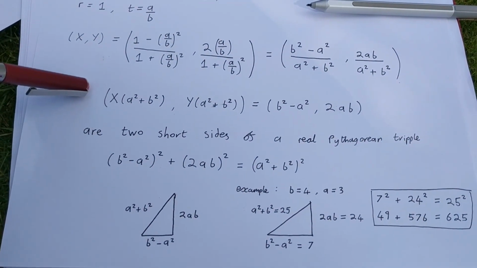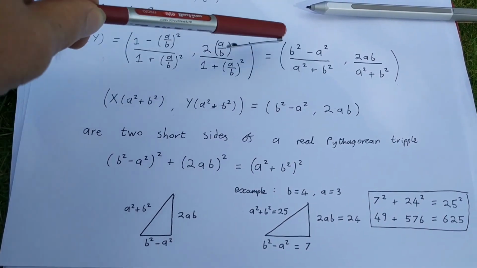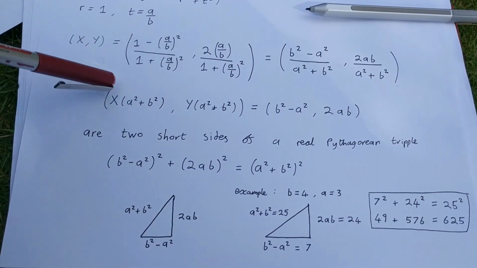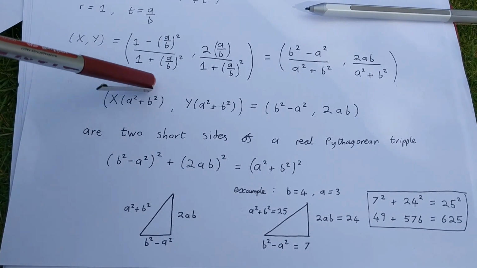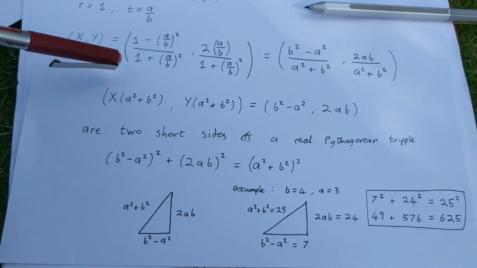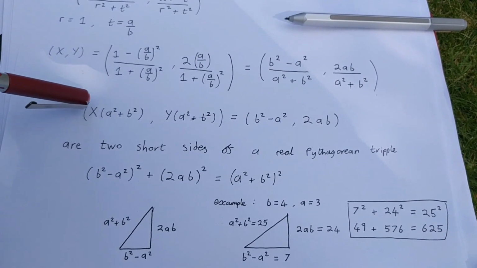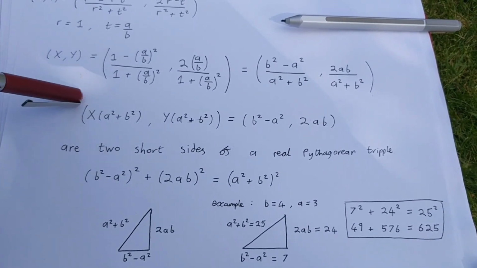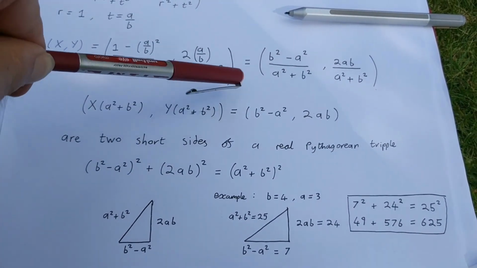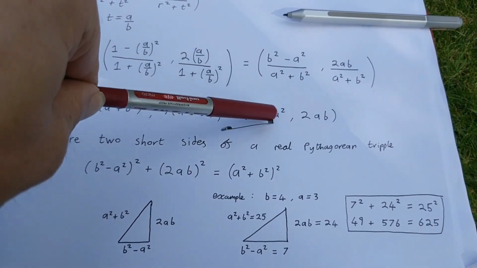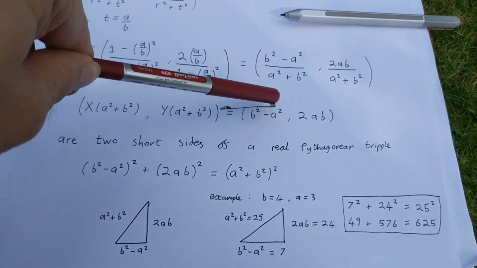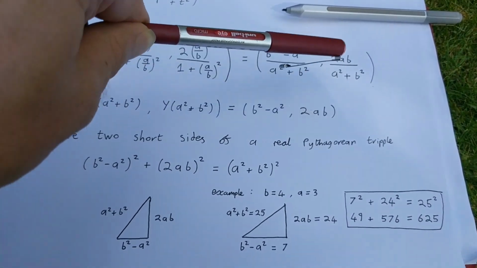Anyway, what we can do is multiply the xy that's on our circle by a squared plus b squared. That's just going to be a number. So we're basically multiplying out the downstairs of this, and we get that our coordinates xy times a squared plus b squared have a very simple form. The first coordinate is b squared minus a squared, and the second coordinate is 2ab. Now this is a formula giving you two sides of a Pythagorean triple.